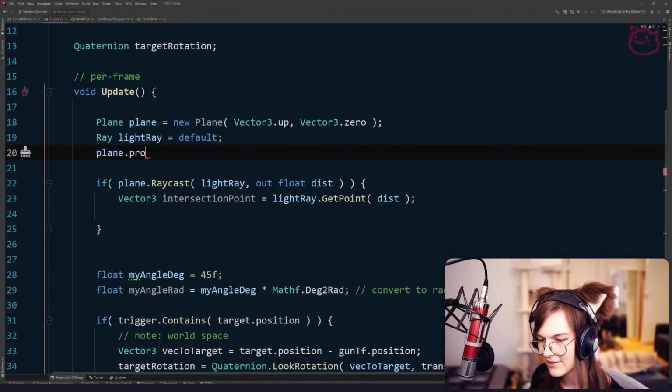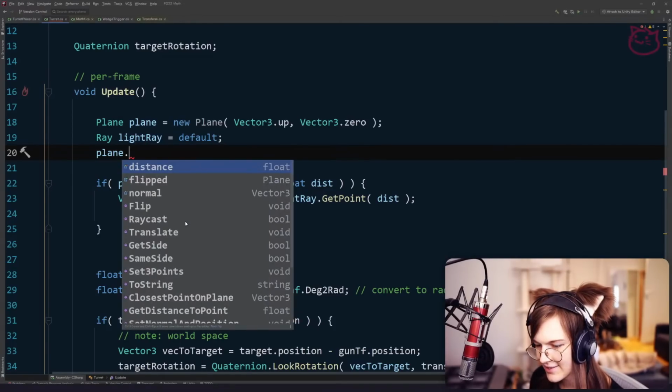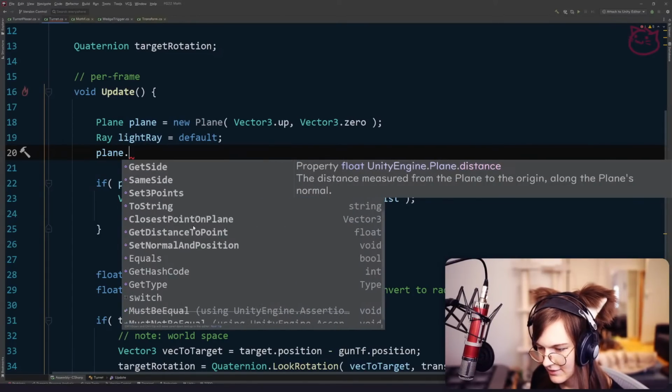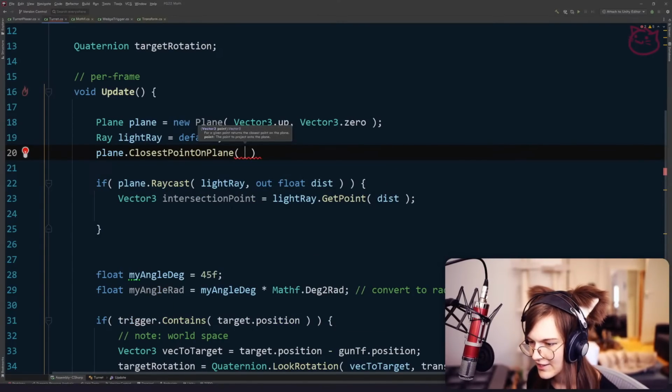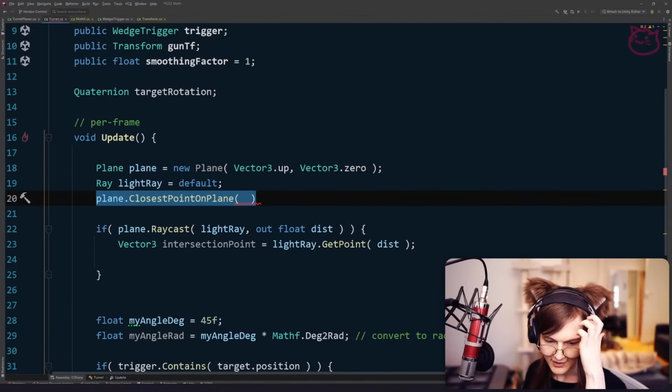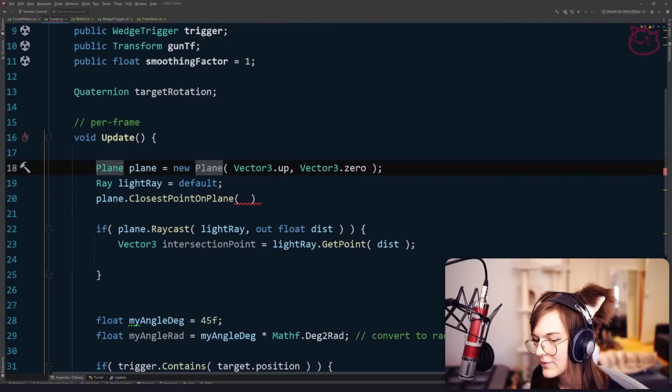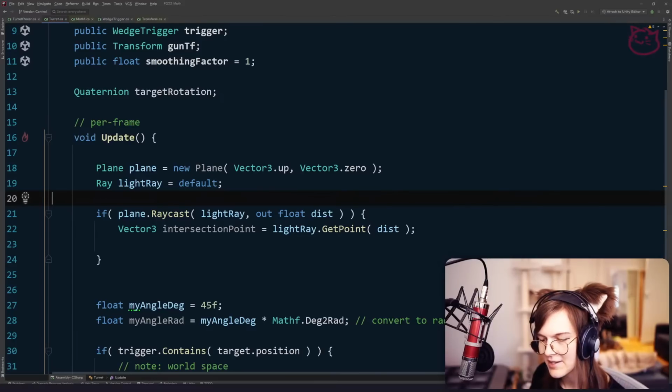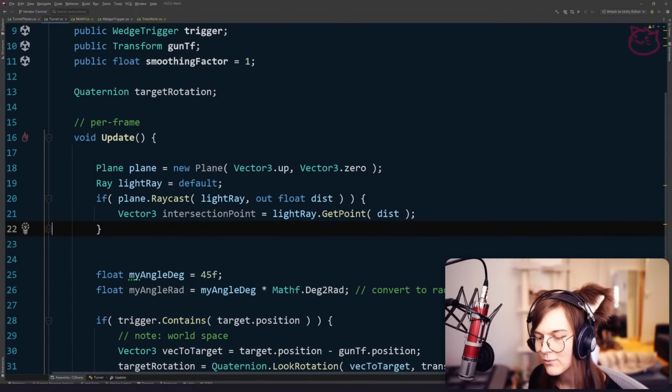There's plane dot, I thought there was a project. Closest point on plane, that's the same thing as projecting. So you can get the closest point on plane from some other point. It has a lot of useful built-in functions. It's also a struct, which is very nice, so it doesn't allocate. So you can do very quick and easy operations with it. So that's neat. It's a useful type to have in your toolbox.